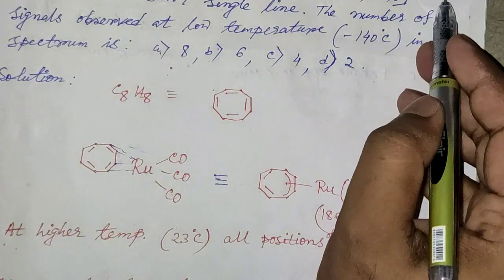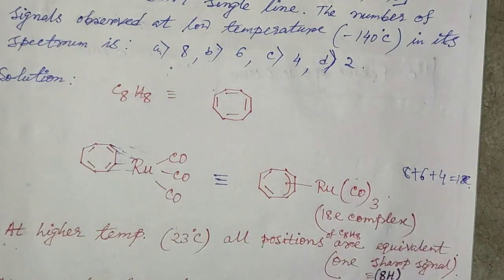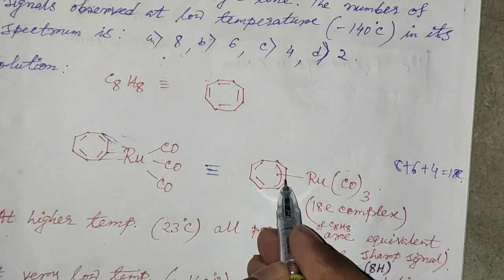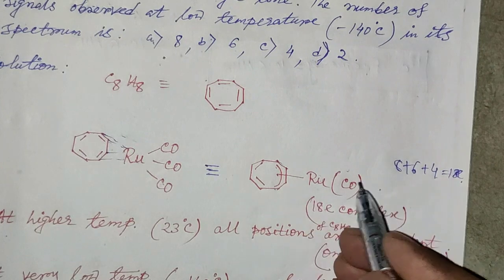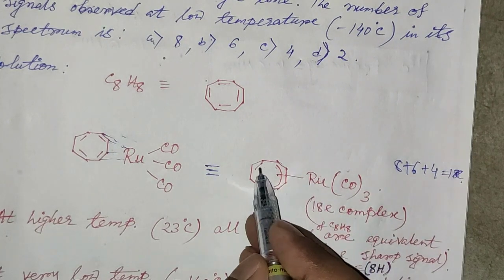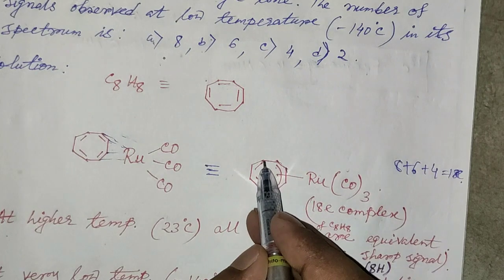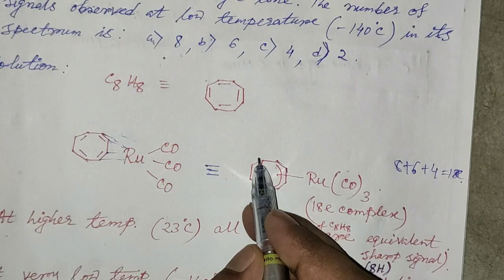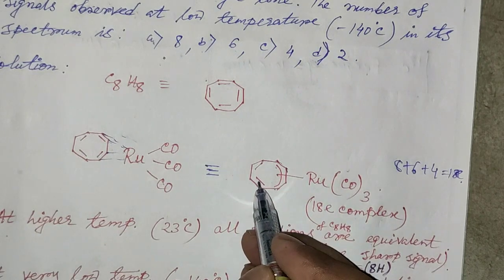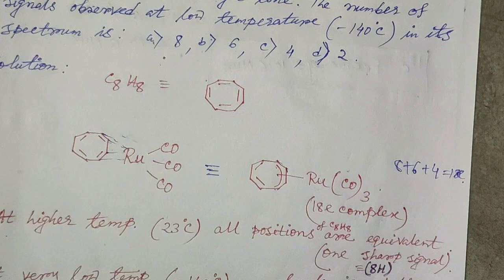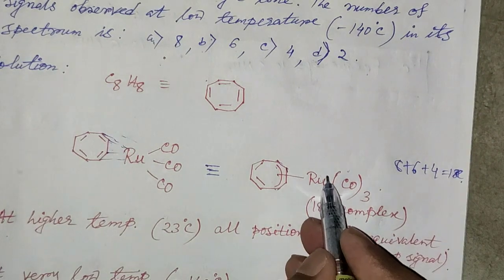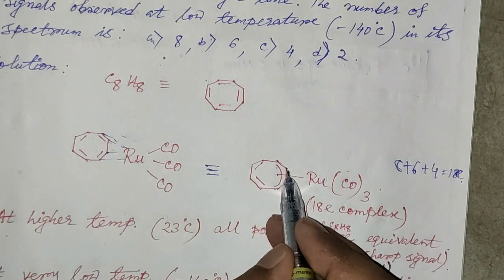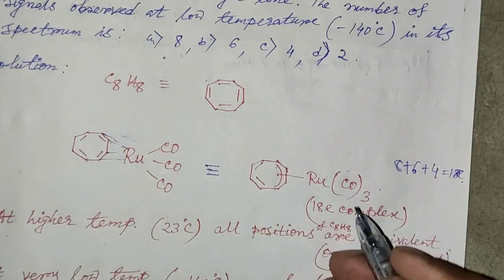Now at 23 degrees centigrade, that means at room temperature, this ruthenium center coordinates with these 4 carbon atoms. At the next time we can see that this ruthenium center combines with these 4 carbon atoms. Similarly, at the next time it will equilibrate to the other 4 carbon atoms, and that means the ruthenium atom is attached to the 8 carbon atoms equivalently.